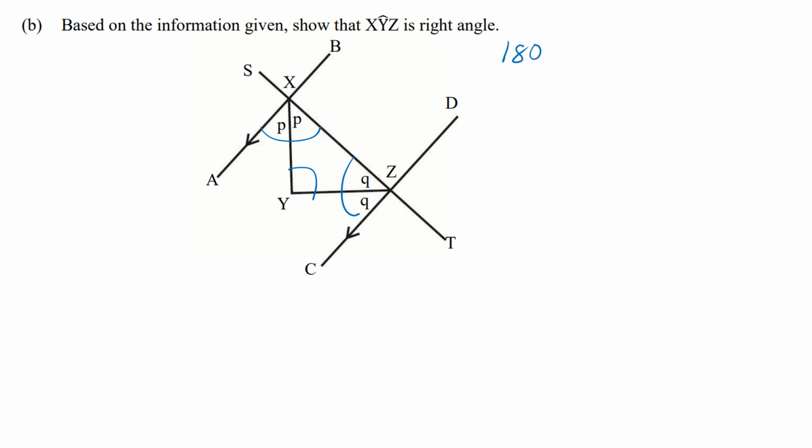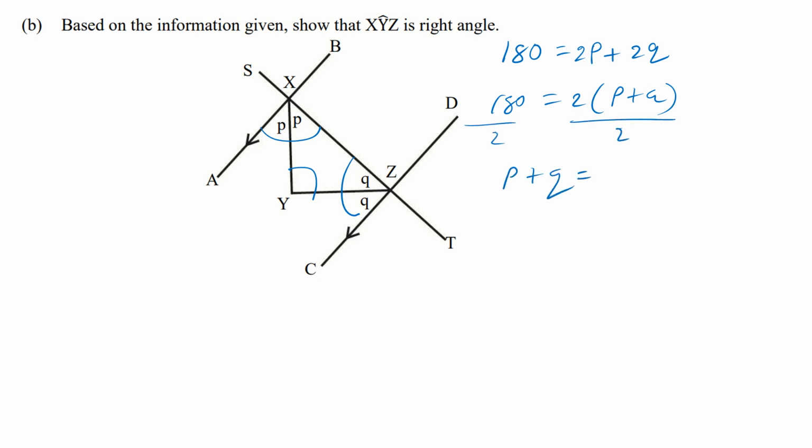Here 180 is equal to 2p plus 2q. So you can divide both sides by 2, and then p plus q is equal to 90. You get this one.